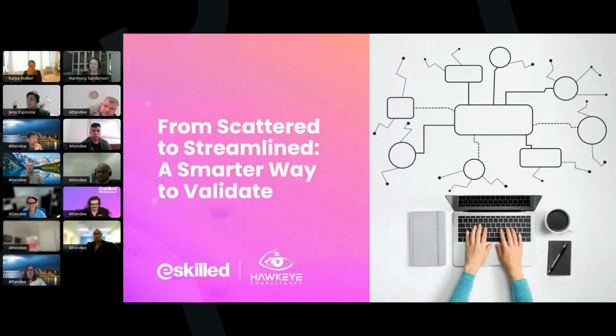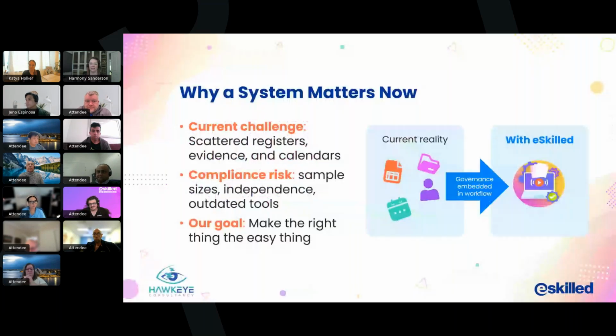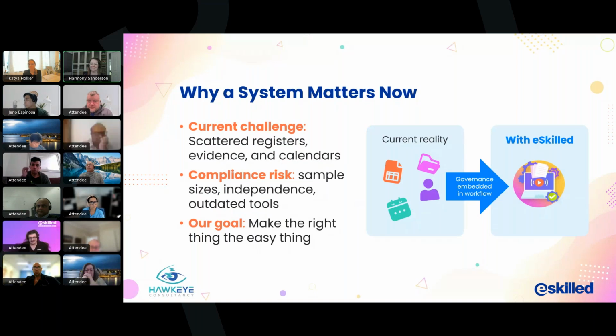What I'll do now is show you how we're implementing the best practices you mentioned along with these compliance changes inside eSkilled, SMS, and LMS. So Katya's covered the what and how of good validation, but the reality is for many RTOs, that management layer is still scattered.